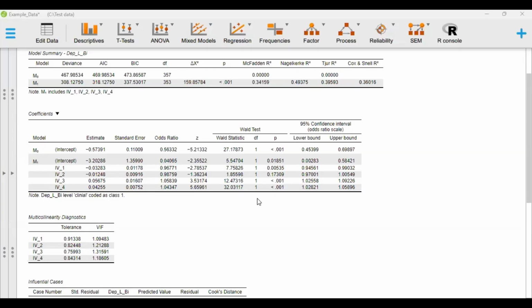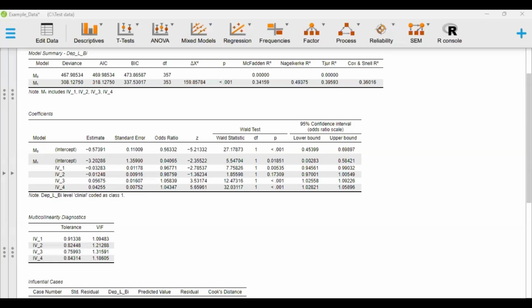So this is the simple interpretation, and that is good enough for your results section. However, if you want to be more precise in presenting your results or interpretation, you can also change the odds ratios to percentages of change.